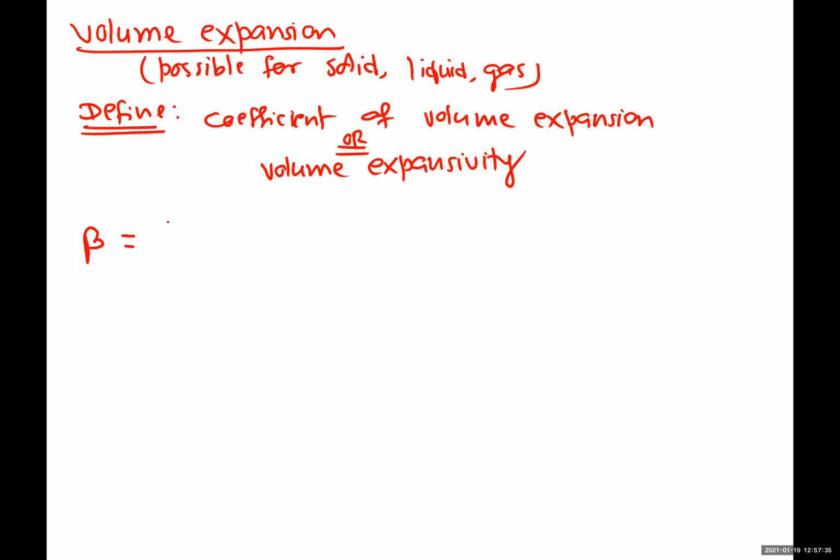Beta is the change in volume over the initial volume times the change in temperature.